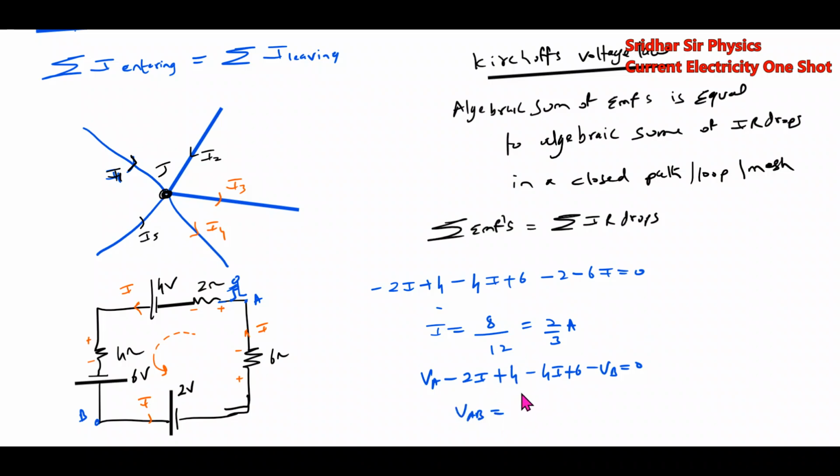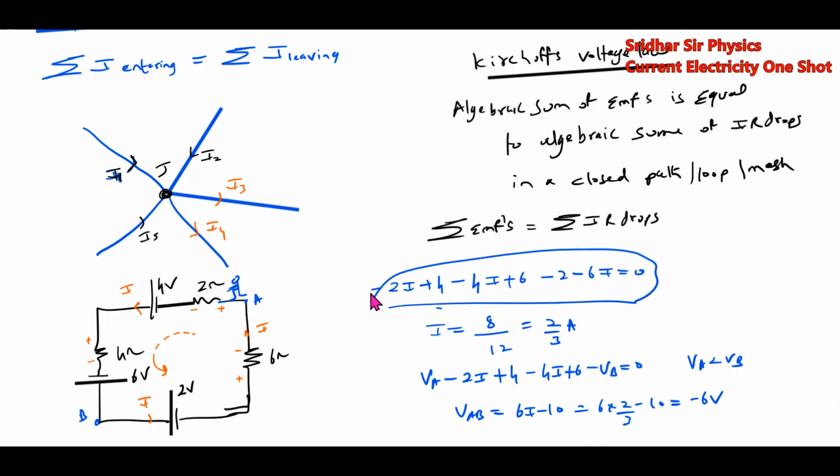VAB is equal to 6I minus 10, which is 6 into 2 by 3 minus 10, that is minus 6 volt. So this shows that VA is less than VB. Like that you can write the KVL. This is called a loop equation.